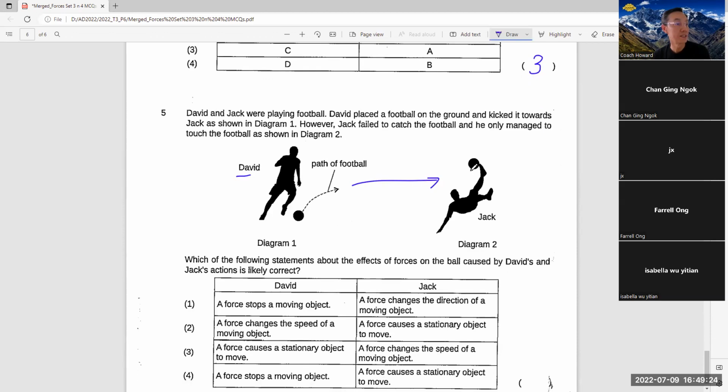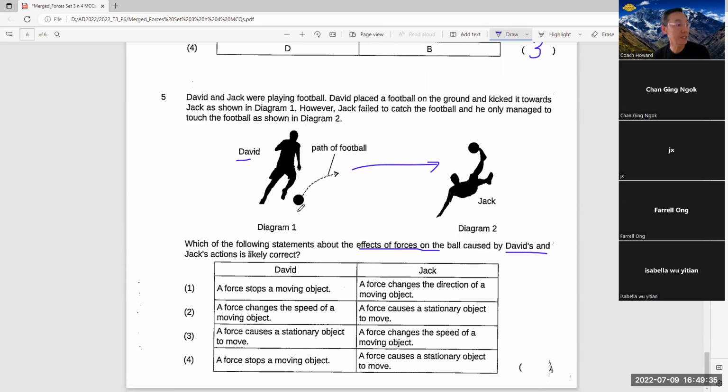Okay, so which of the following statements about the effects of forces on the ball caused by David and Jack's actions is likely correct? So David, he initiates a force, the ball will move, right? So a force caused a stationary object to move, correct?